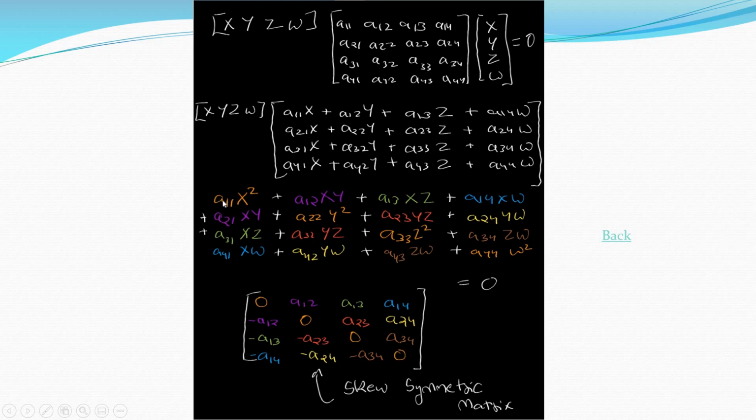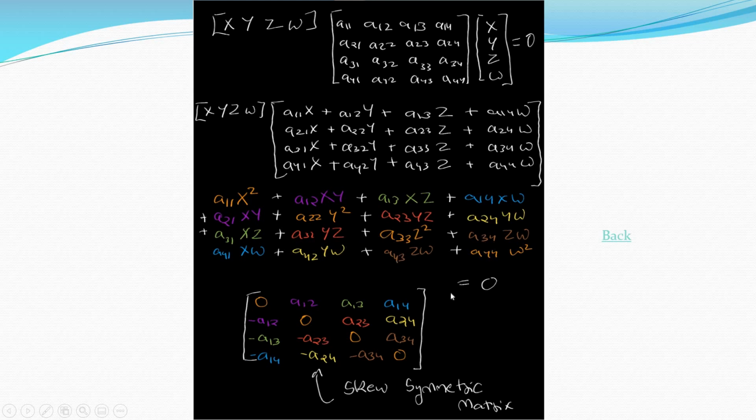So there is no option for a11, a22, a33, a44; they have to be 0 because the right hand side is 0. The other thing is that you have like terms, xy and another xy. You can keep one as a12 and the other as minus a12, so that they cancel each other and again give 0. I have colored the like terms together so that you can understand this.